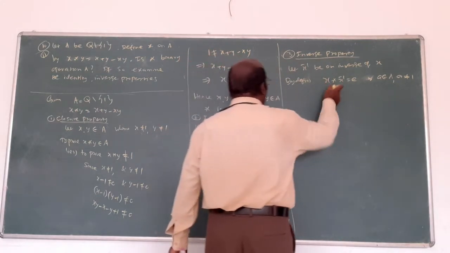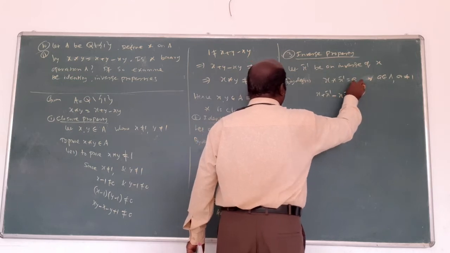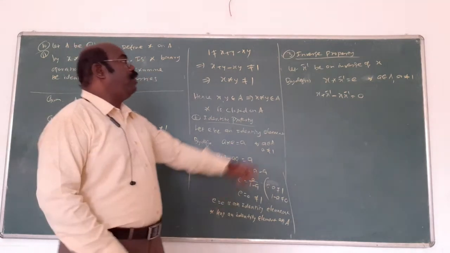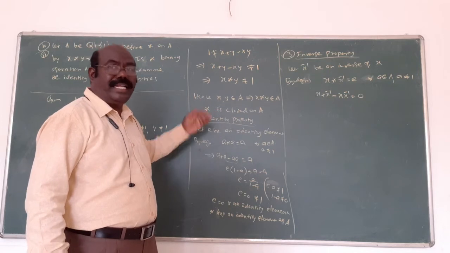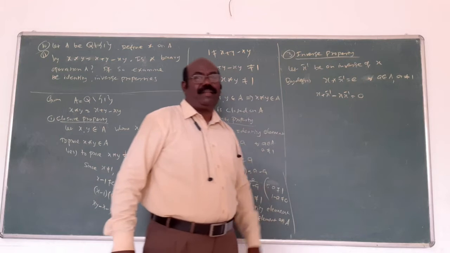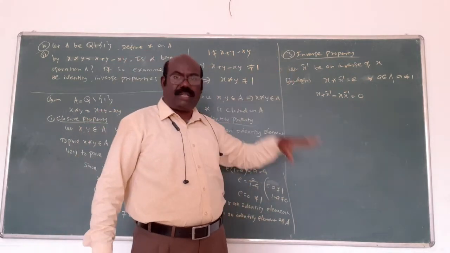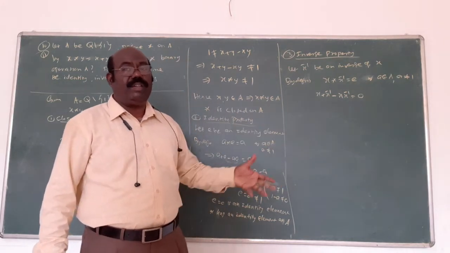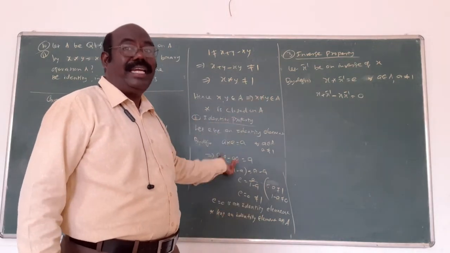Now what is the formula of this one? x plus x inverse minus x inverse equal to E, which is 0. That's why I told you: if the inverse property is asked, first you find the identity element. Then only by using the identity element here, you get the answer. Directly inverse is not possible because in the inverse property, you must use the identity element.